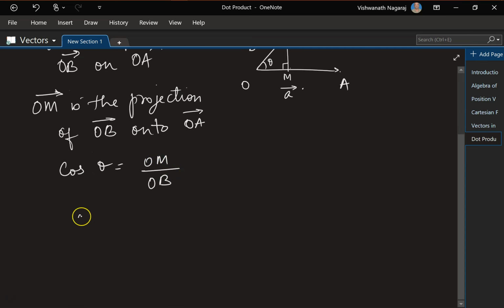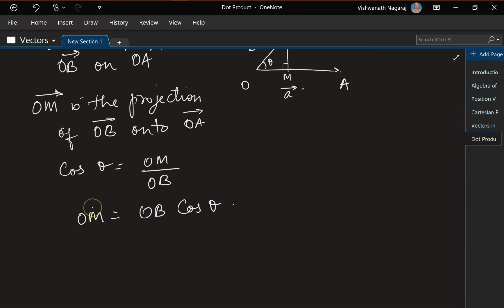What we want is OM. So OM is equal to OB cos theta. Now this OM and OB are in the same direction. So it's just a question of the magnitudes being different. So we can say vector OM is equal to vector OB cos theta or B cos theta.